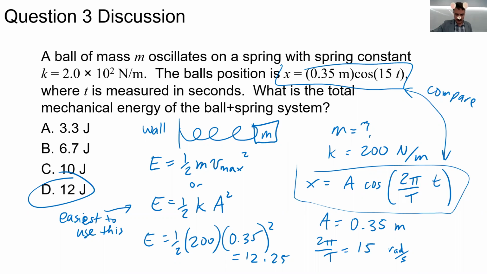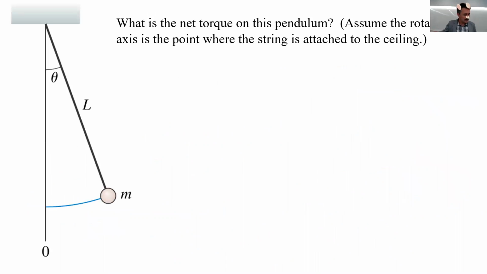Let's just look at this. What is the net torque on this pendulum? What we have is a situation where you've got a mass that's on a string. That's called a pendulum. And we can say that this is the axis of rotation, and then you've got a mass going around in a circle.